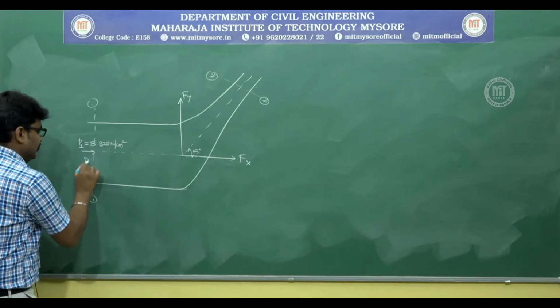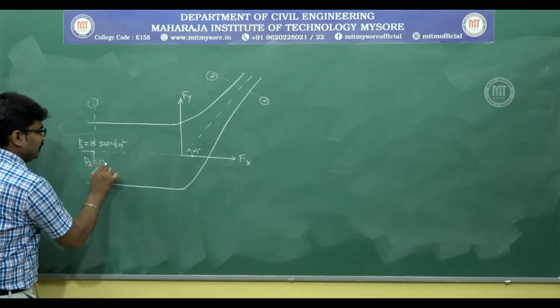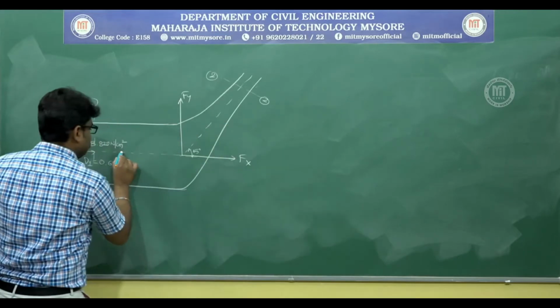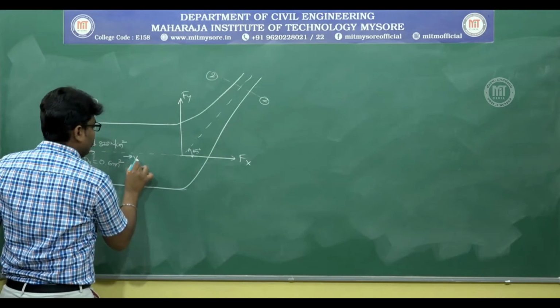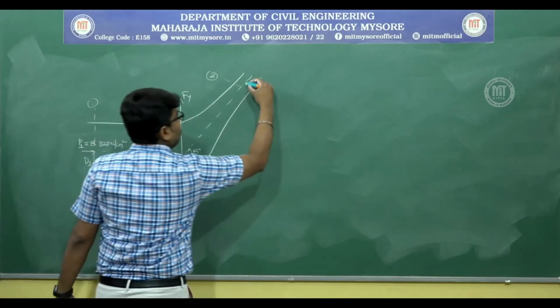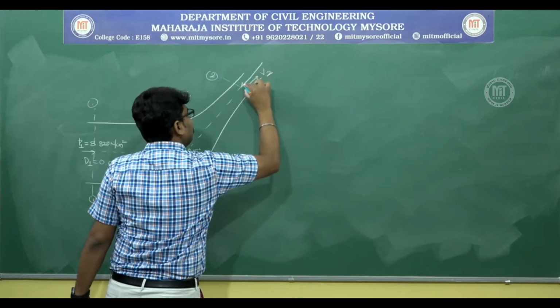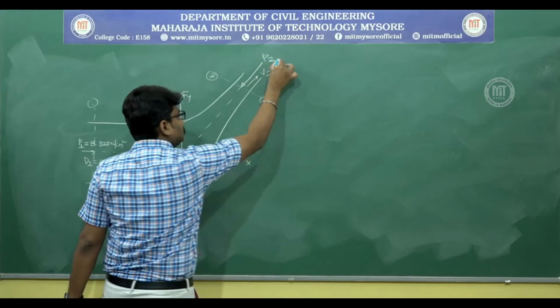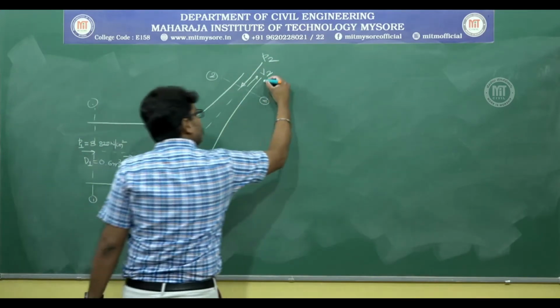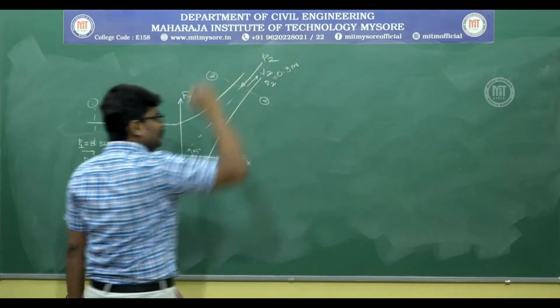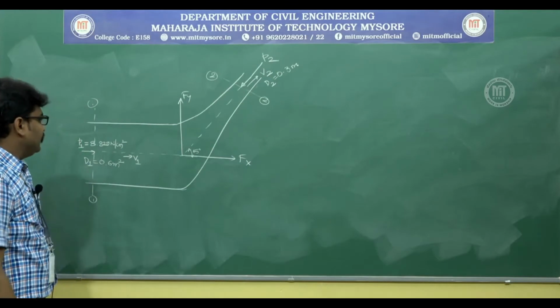Diameter at this section, D1, is 600 millimeter, nothing but 0.6 meter. Again, in this direction you have V1 as well, and in this direction you have V2, and pressure at this section, P2, needs to be calculated. Diameter at this section, D2, is 300 millimeter, nothing but 0.3 meters.